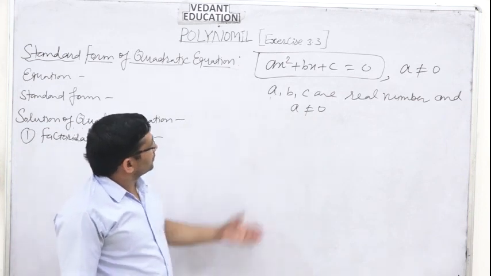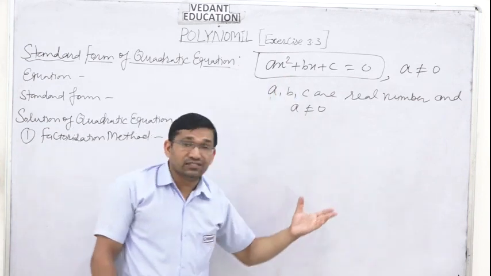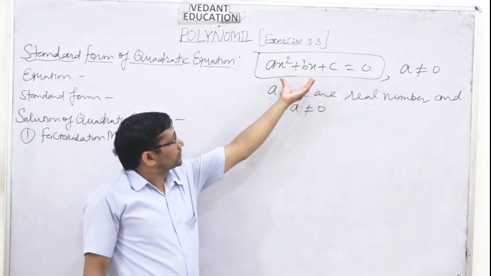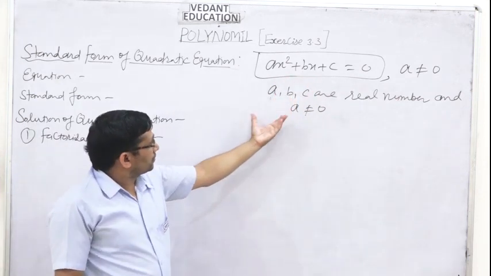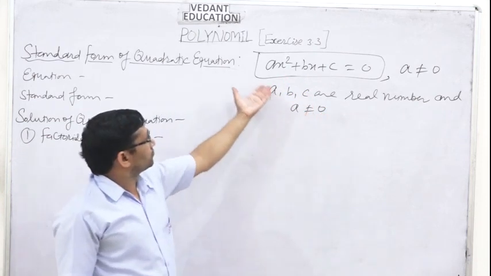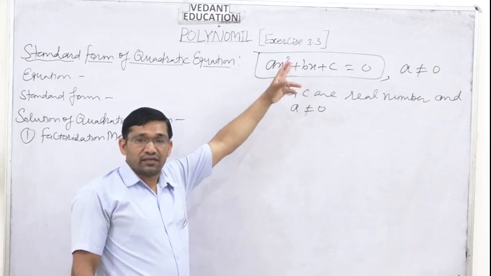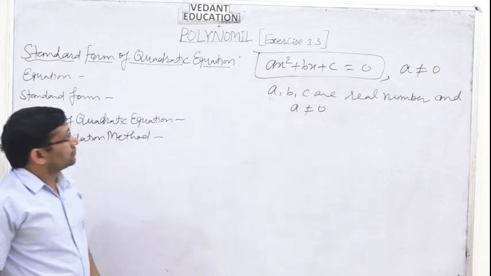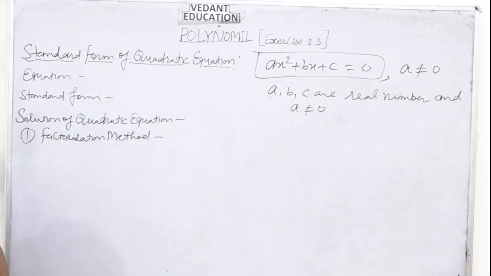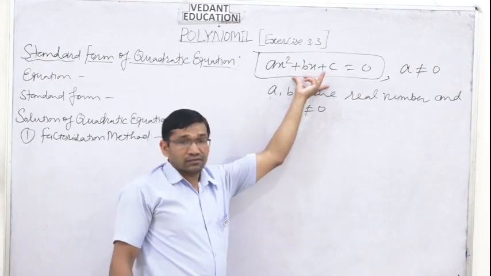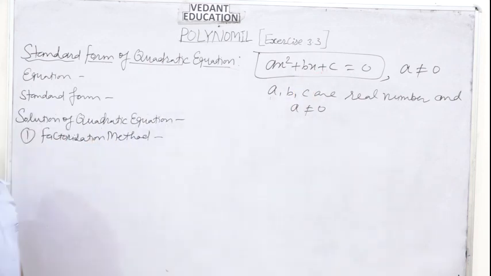It means the polynomial which has degree 2 is known as quadratic equation, but in this case a is not equal to 0. If a is equal to 0, then the degree of the polynomial changes into 1, and degree 2 is known as quadratic.